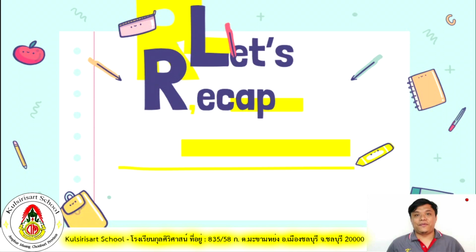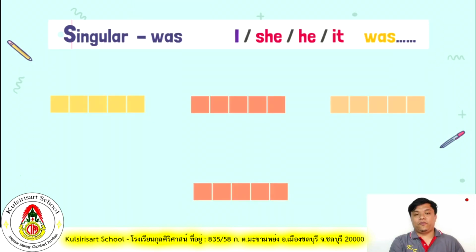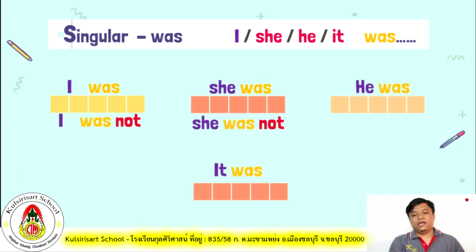Let's have a recap. For singular past of the be verb, again, we will use I was, she was, and he was, it was. Again, we have the negative form added with the word not. I was not, she was not, and so on.